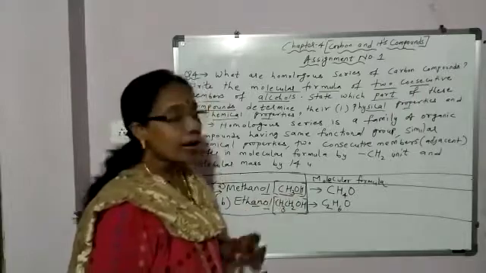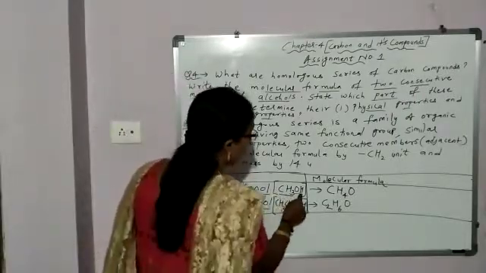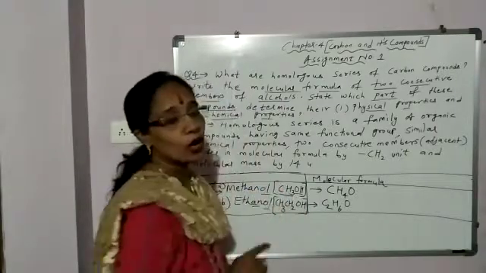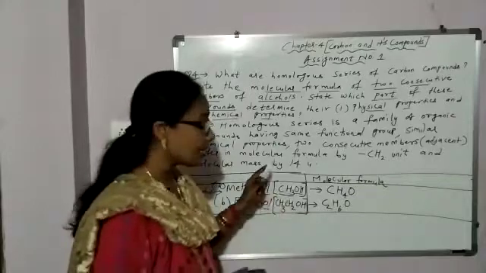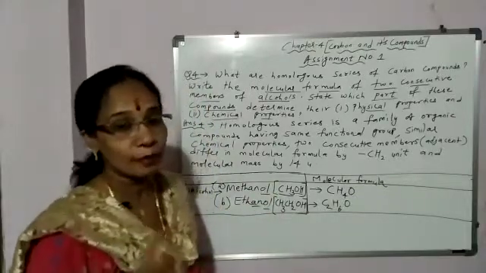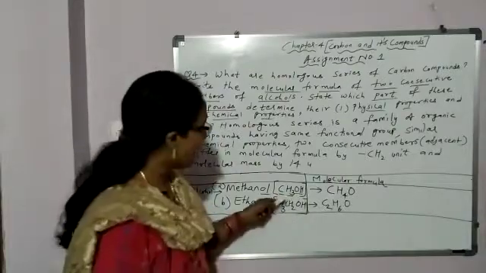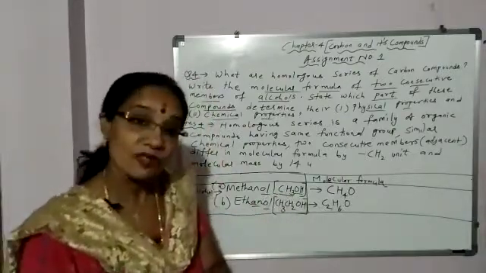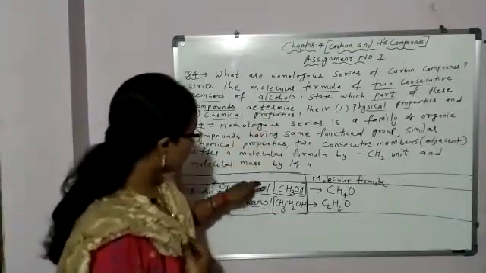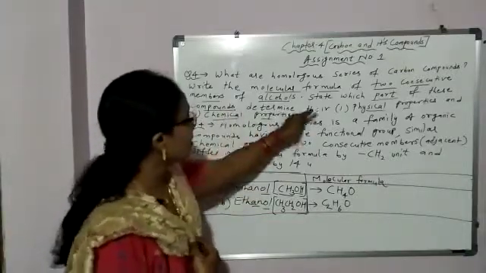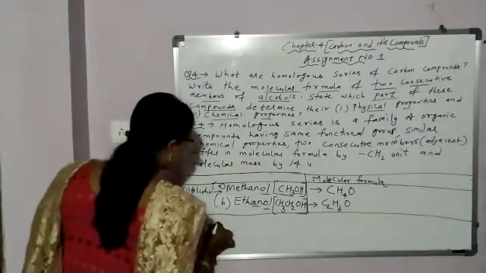So out of these two, which part determines physical property and which part determines chemical property? So functional group determines chemical property and hydrocarbon part determines physical properties.